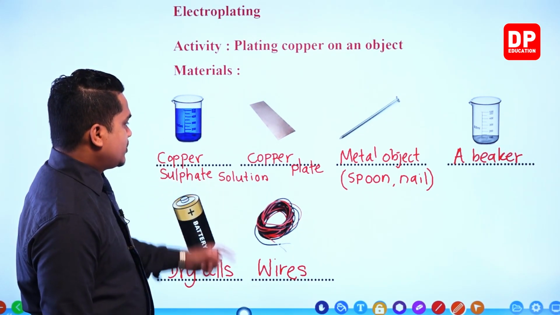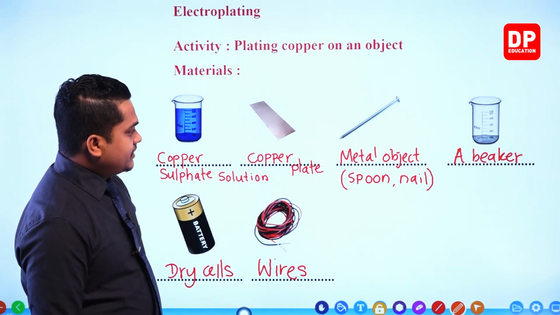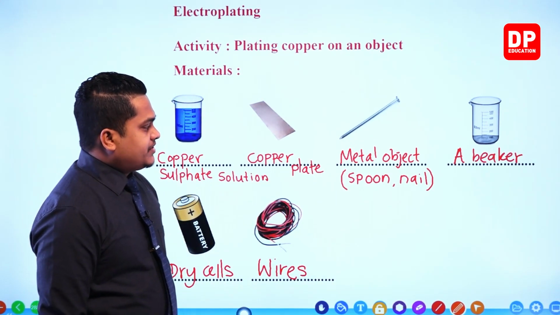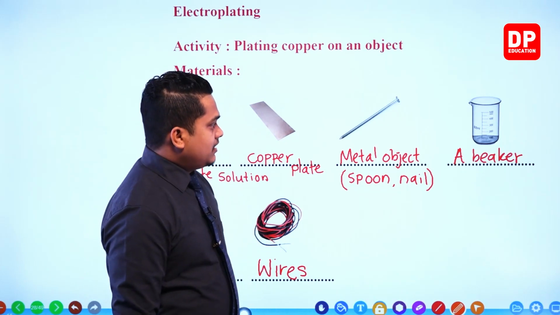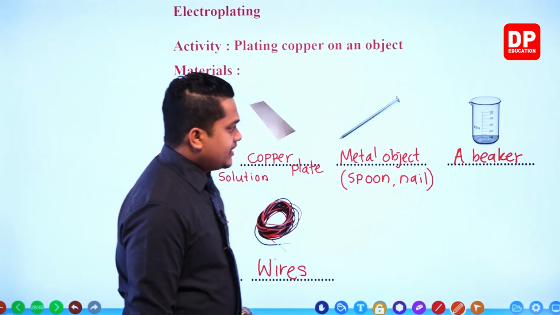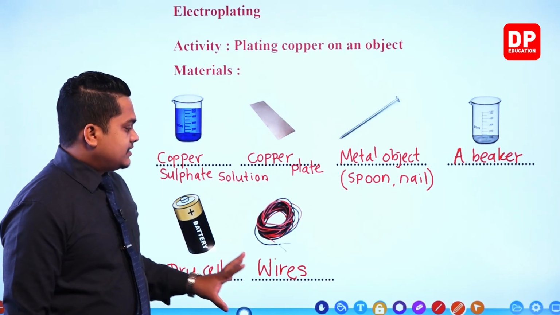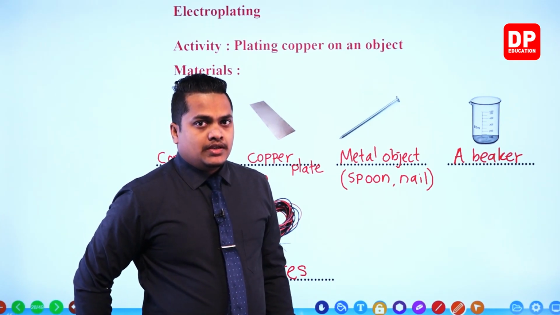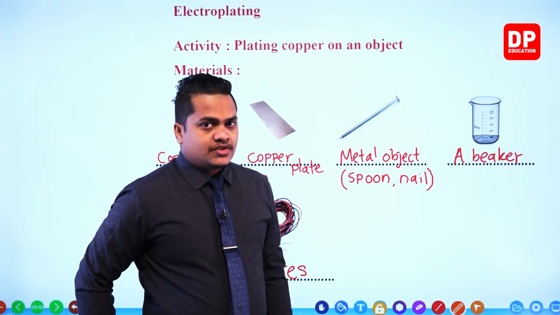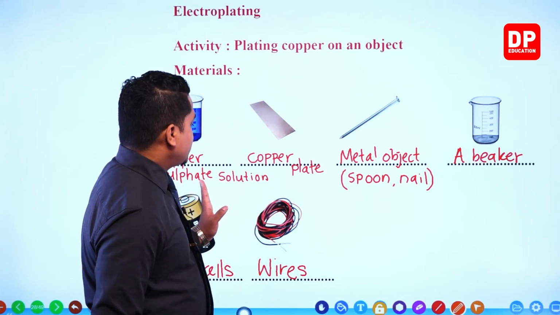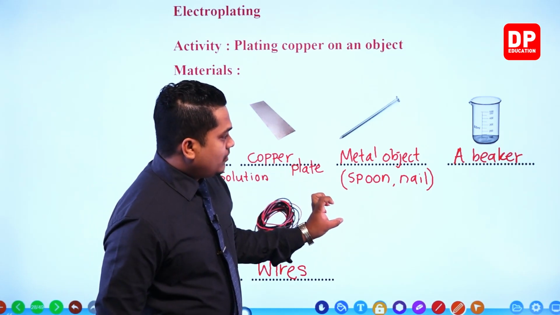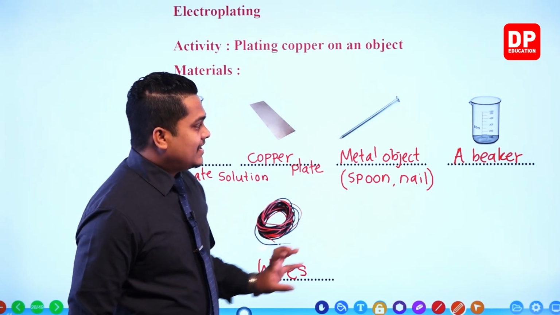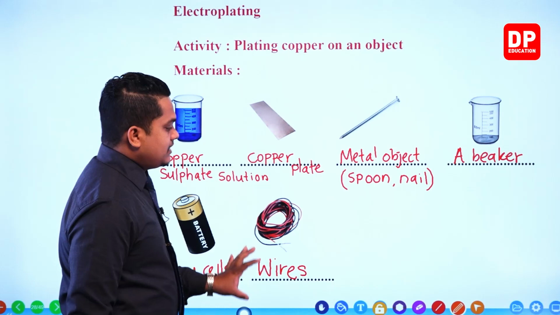Copper sulfate solution, a copper plate, any kind of metal object like a spoon or a nail, then a beaker, dry cells and wires.